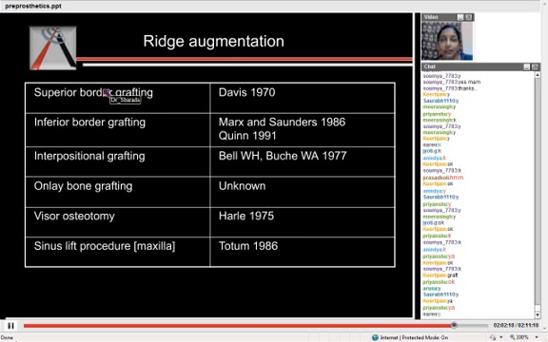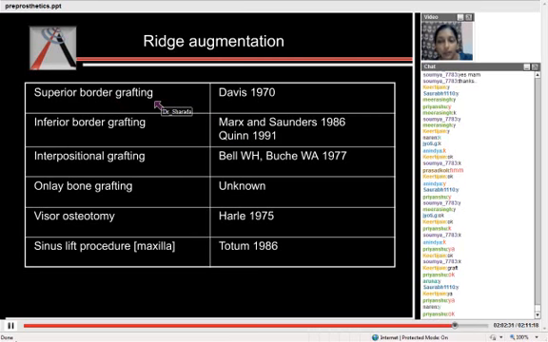But the problem with the rib graft was, though it was excellent in the placed area, it caused morbidity in the donor area. It was not safe. But the advantage of a rib graft was that it was an entire single graft, not piece by piece.